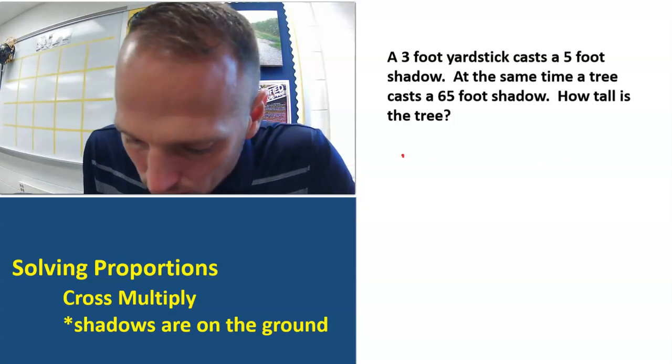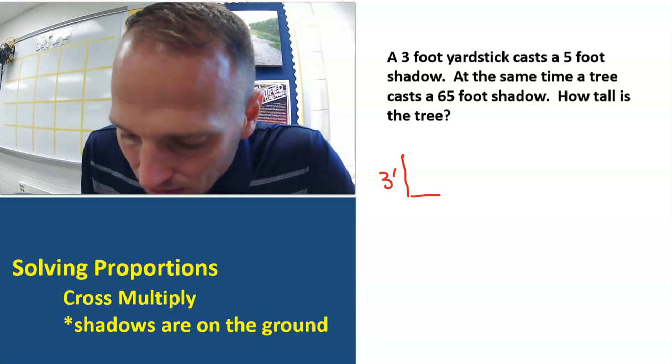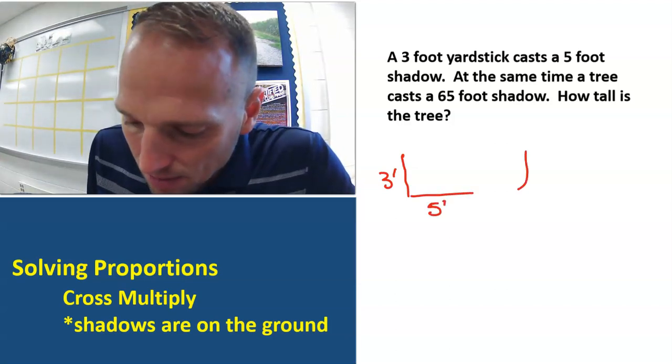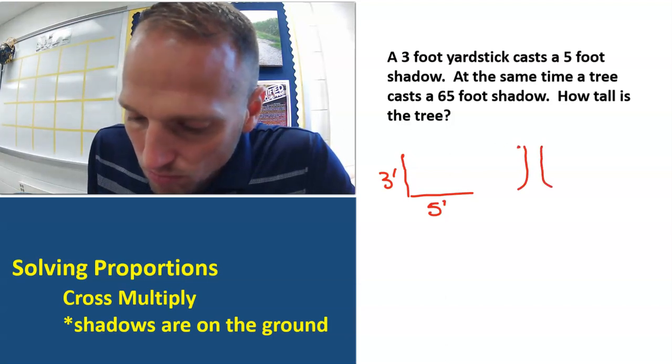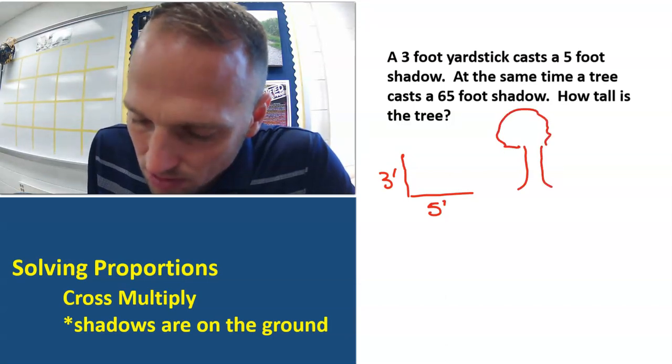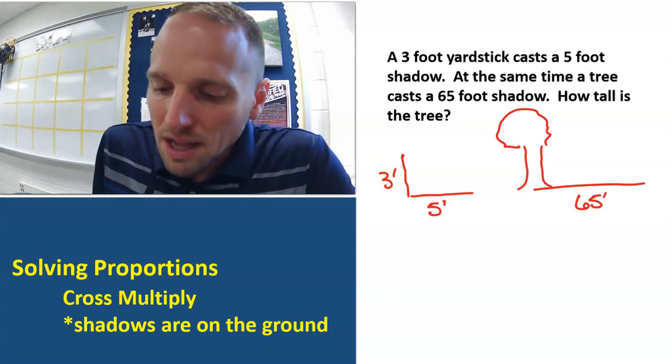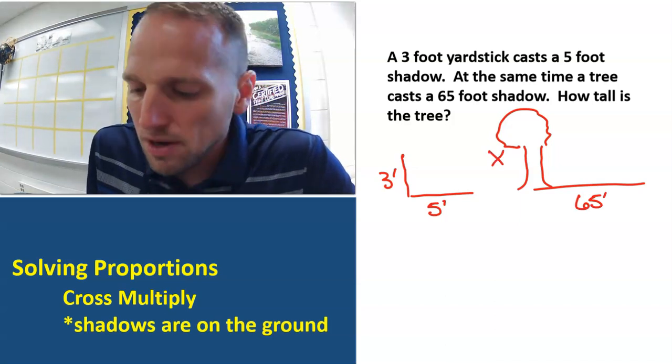So let me draw a picture of this. So we've got a 3-foot yardstick that casts a 5-foot shadow. At the same time, we've got a big tree, much bigger than this, that casts a 65-foot shadow. What is the height of the tree?